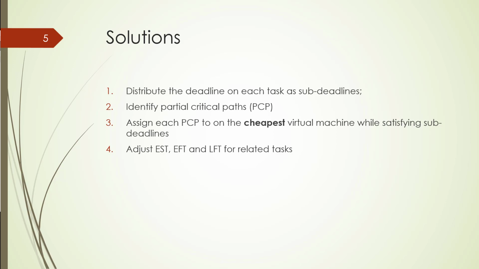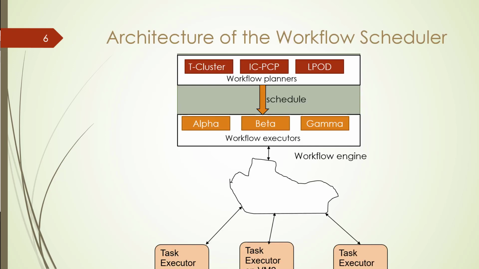Then we can assign each partial critical path to the cheapest virtual machine available which satisfies the sub-deadlines. And then we apply the algorithm again to adjust the EST, EFT, LFT for related tasks. What are these parameters? I'm going to explain more about them along the presentation.